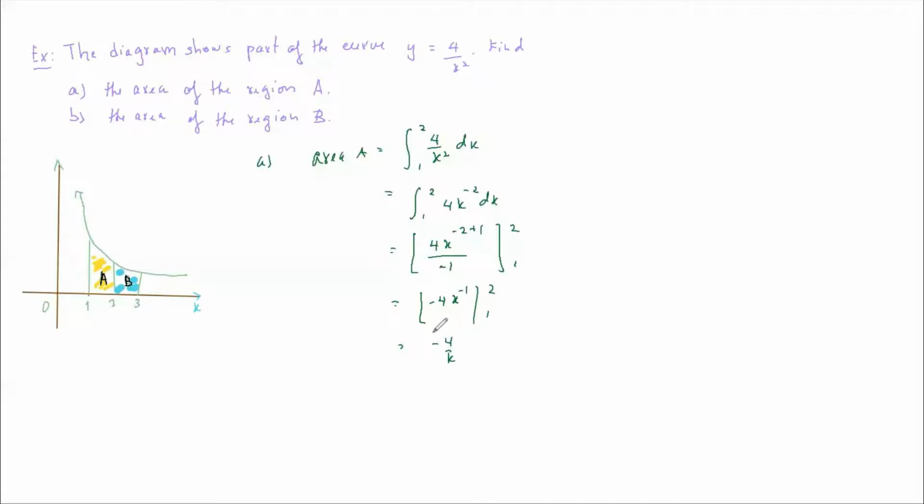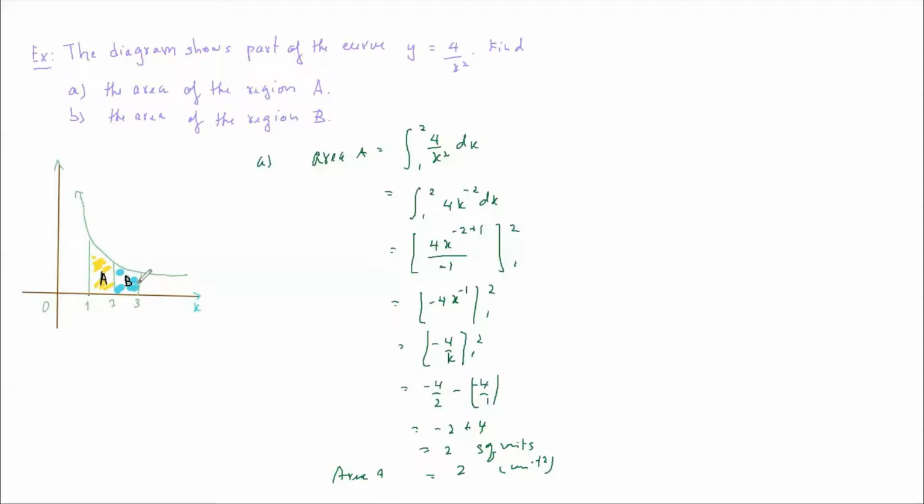Then replace 1 and 2, so it becomes minus 4 over 2 minus, minus 4 over 1. Simplify, it becomes negative 2 plus 4, so equal to 2 square units, or unit power 2. So the area A equals 2.